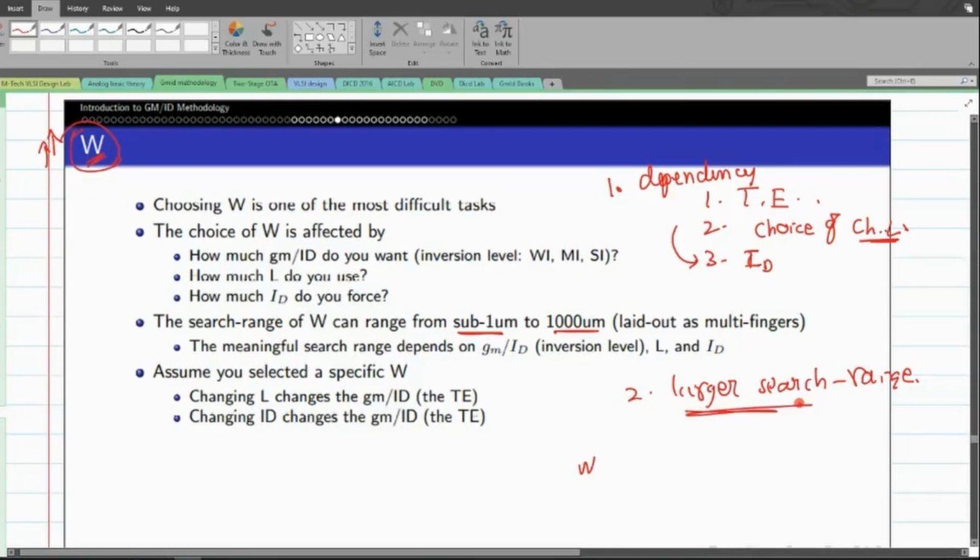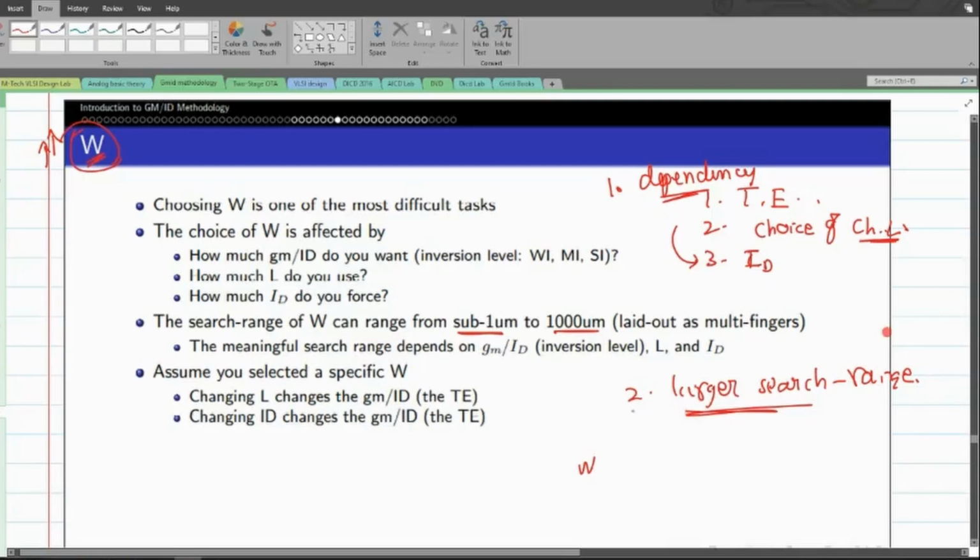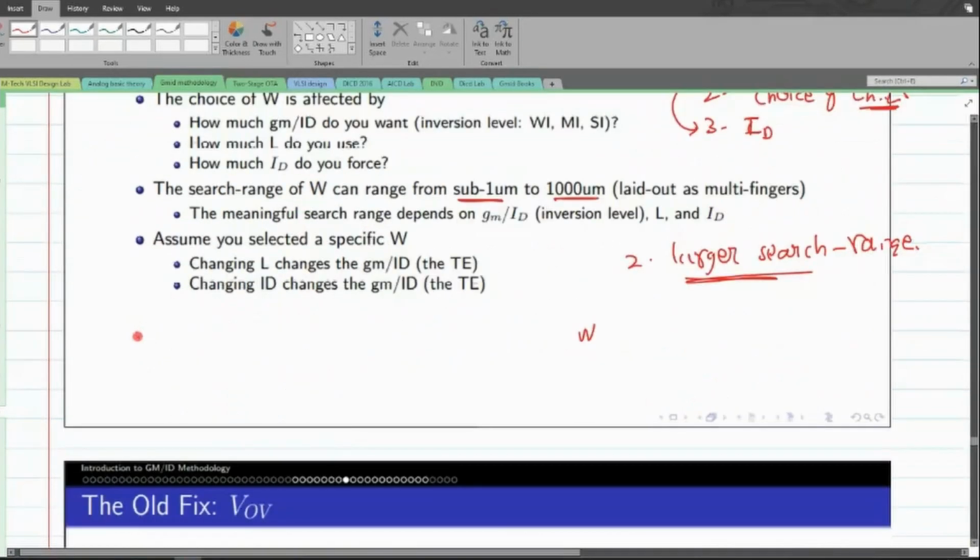So the major problem is that the width has two major issues, its dependency and the large search range. I do not want to spend a lot of time searching for a particular value of width across a wider range. Because of this, people were forced to look for an alternate variable that satisfies two things.